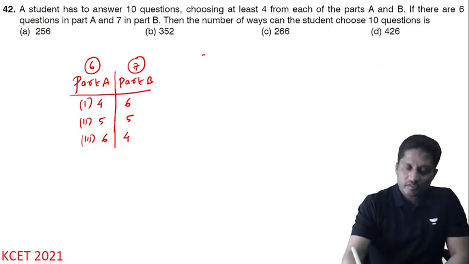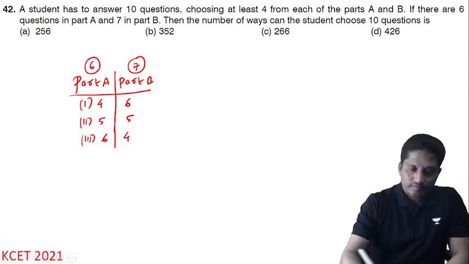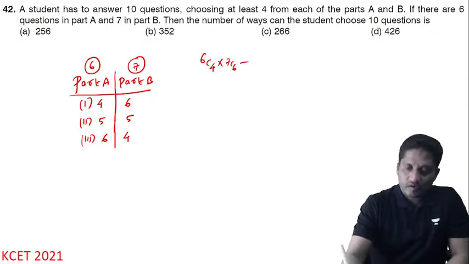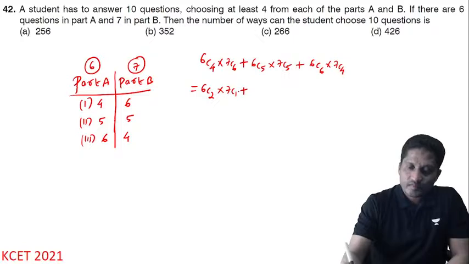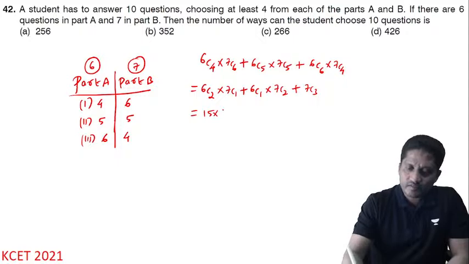So the combination will be equal to 6C4 into 7C6, or this will be equal to 6C5 into 7C5, or it will be equal to 6C6 into 7C4. 7C6 is the same as 7C1, and 7C5 is 7C2. So this is 6C2 into 7C1, 6C1 into 7C2. 6C6 is 1, this is 7C3. 6C2 is 15, 7C1 is 7.